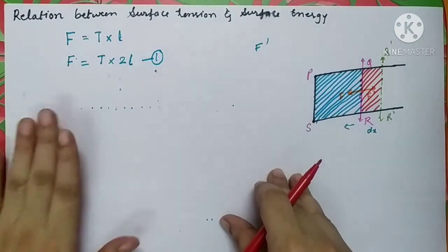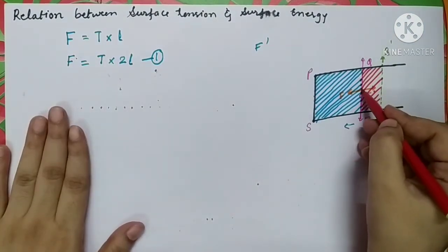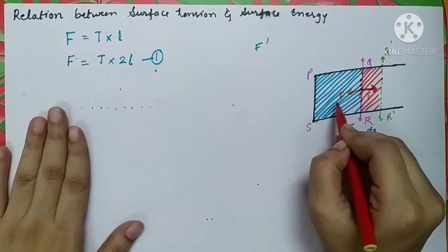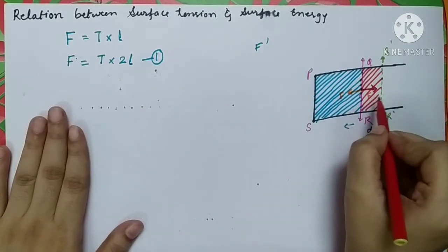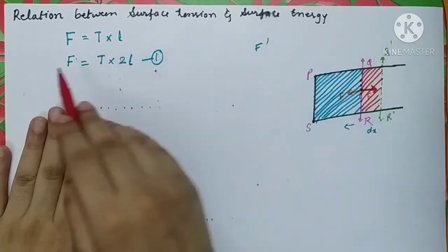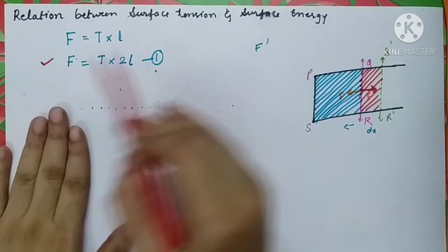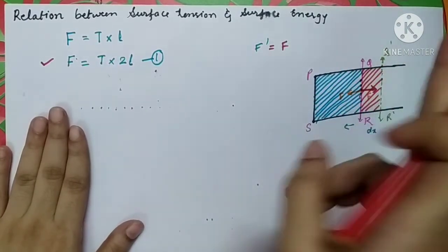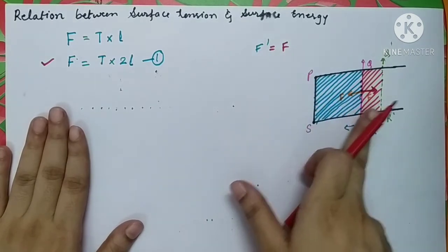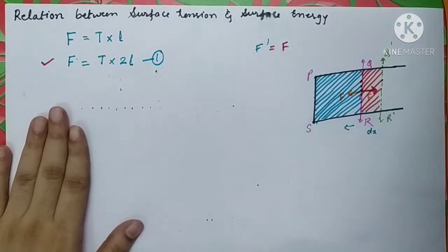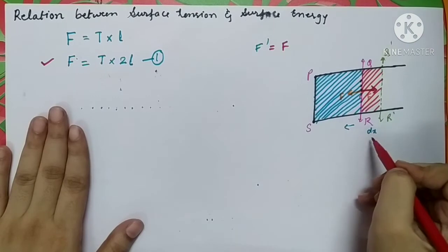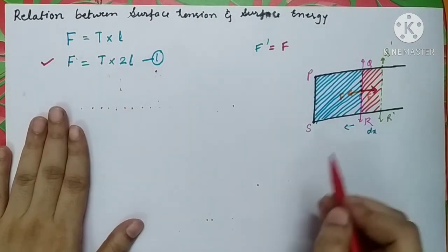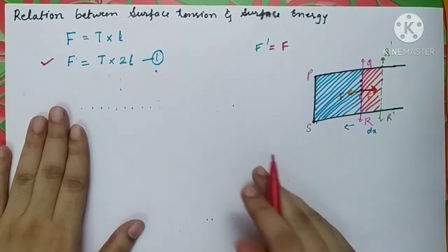In order to increase the surface area, you need to apply a force exactly opposite to the force due to surface tension, and that force should be exactly equal to the force due to surface tension. So here our force F' is equal to F. We have applied an equal amount of force in order to increase the surface area of the soap film. And the distance through which the wire QR has moved, let that distance be dx.